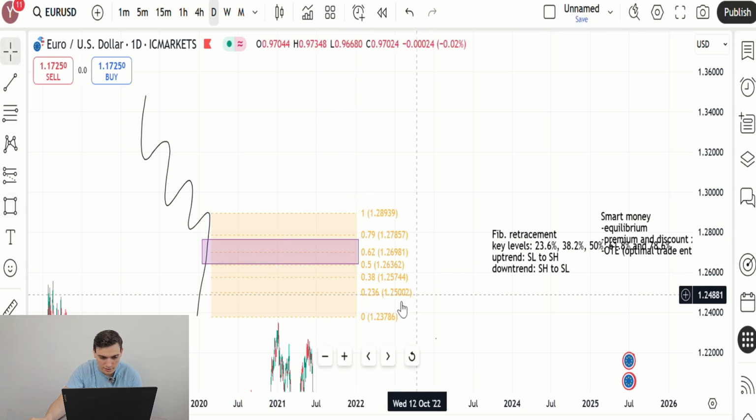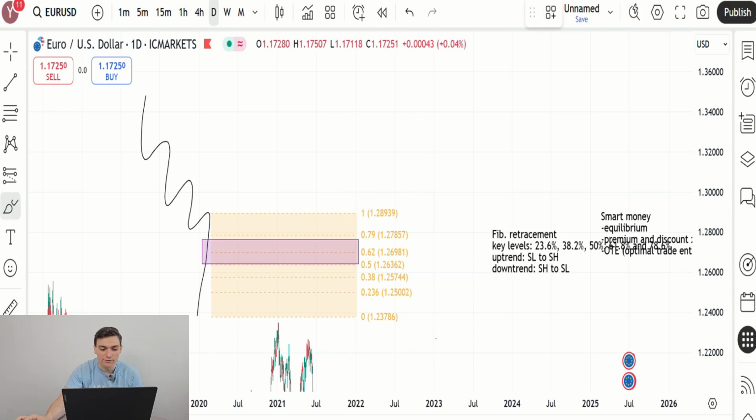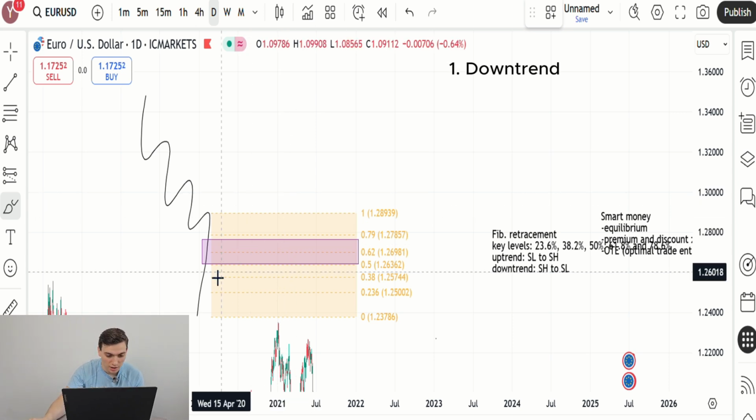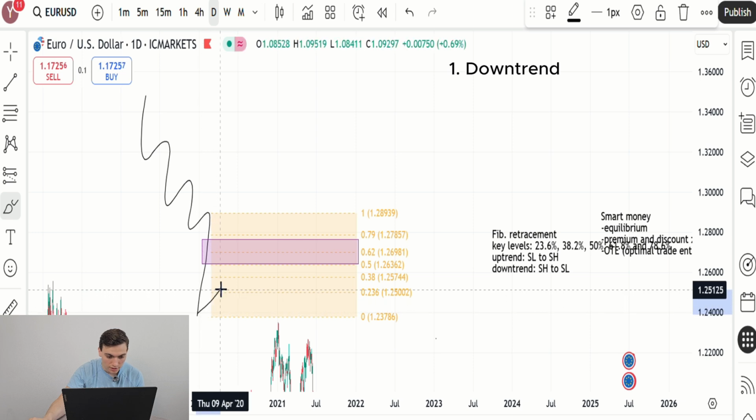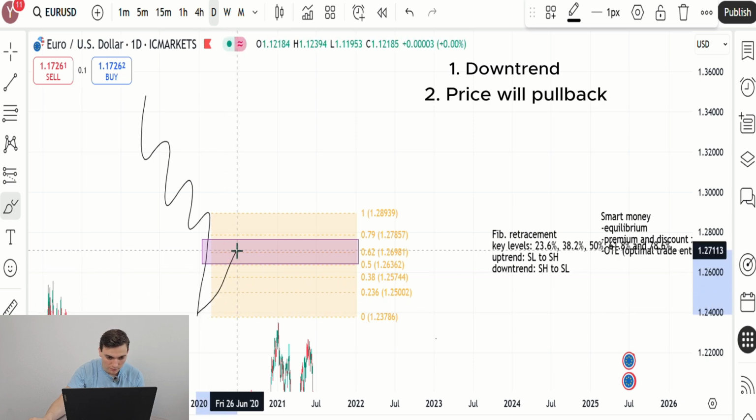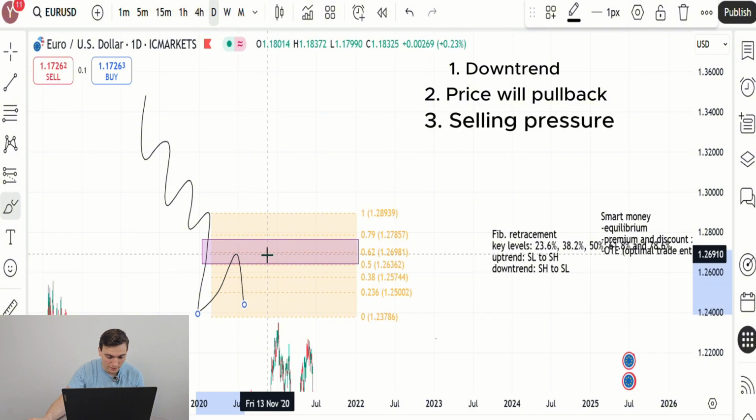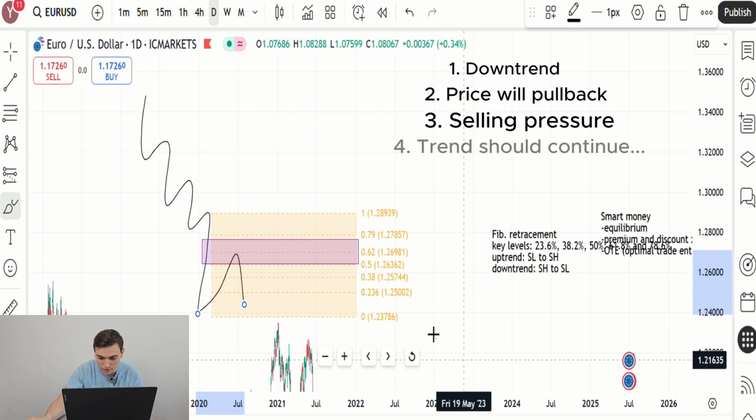In this case, we already have two things. We know that we are in a downtrend. We know that price is gonna make a pullback. If price goes all the way here, and we see selling pressure out of it, it's safe to assume that the trend is gonna continue.